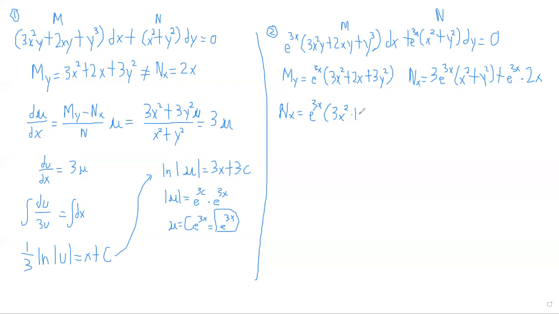So plus 2x plus 3y squared. These two equations are the same. So this equation is exact, and we can use our regular way of solving it.